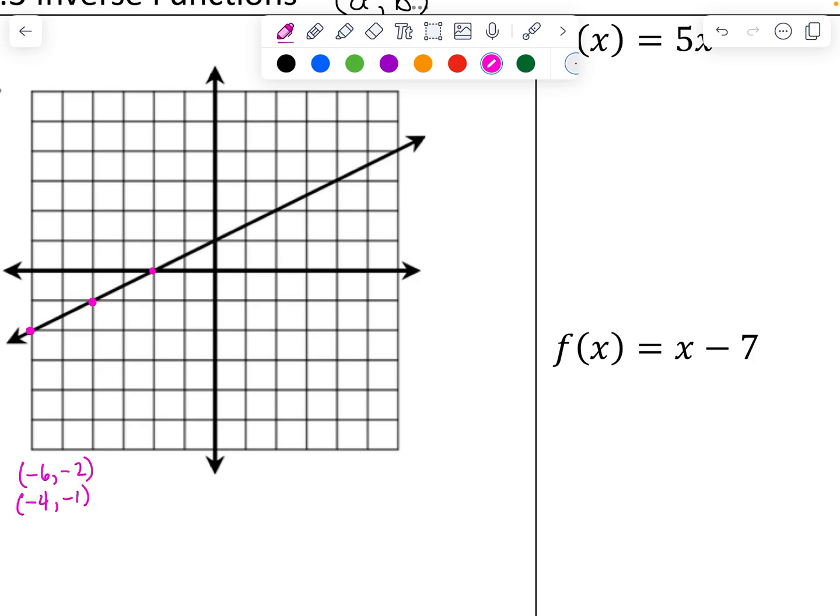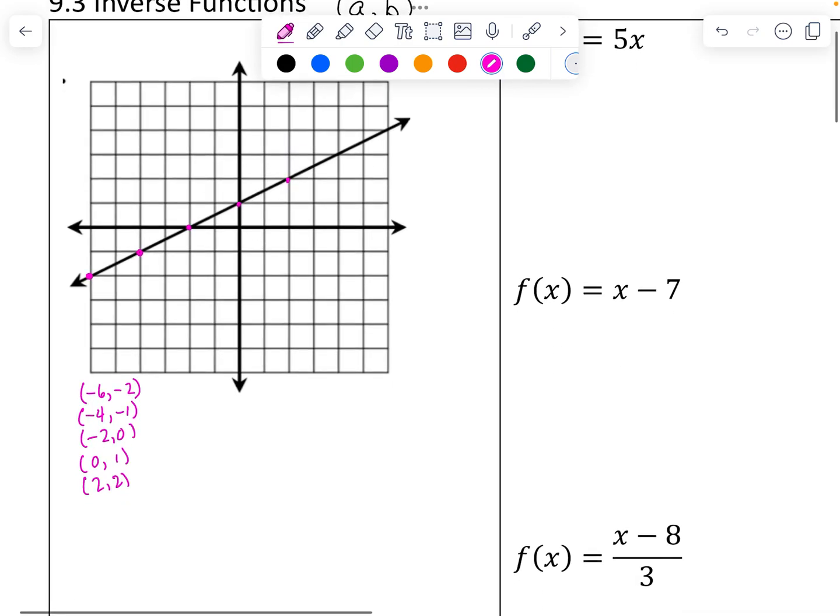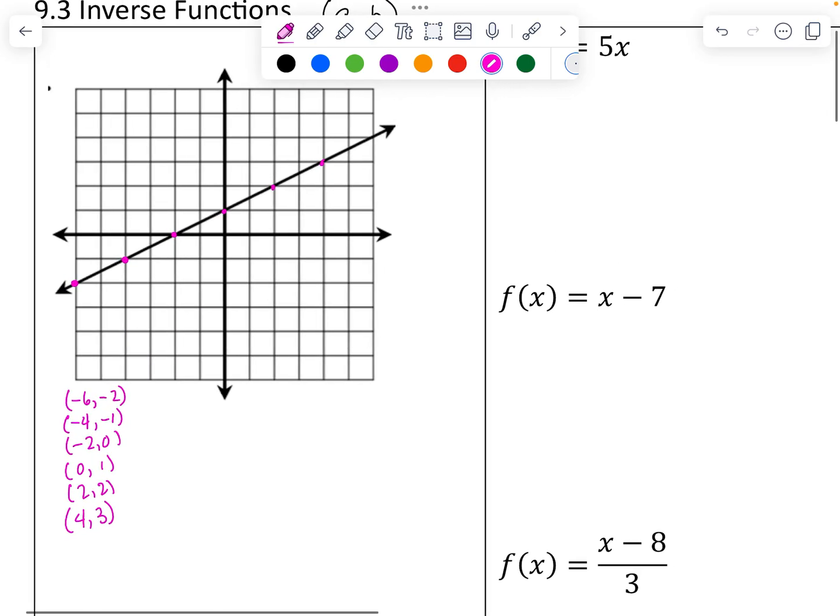And this point is (-2, 0). And this is (0, 1). And this is (2, 2). And this is (4, 3). And this is (6, 4).